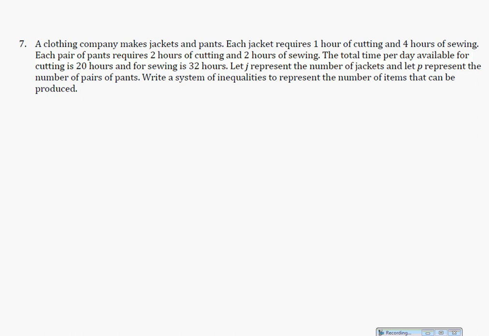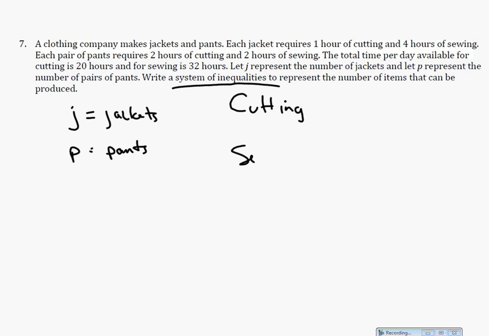So all we're looking for is my system of inequalities. So we have jackets and pants. So now we need to think about this in terms of cutting and sewing.